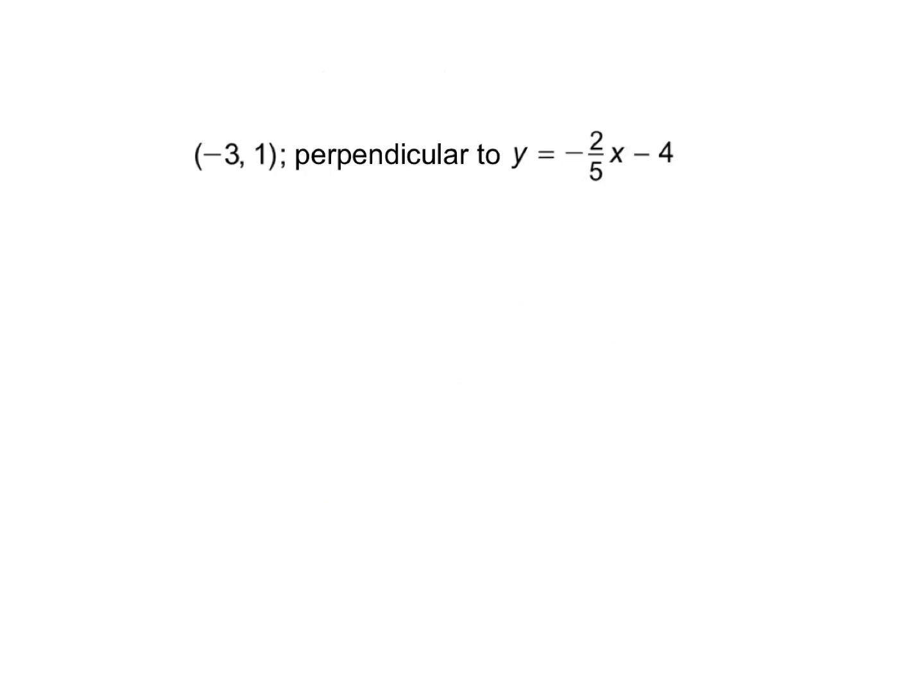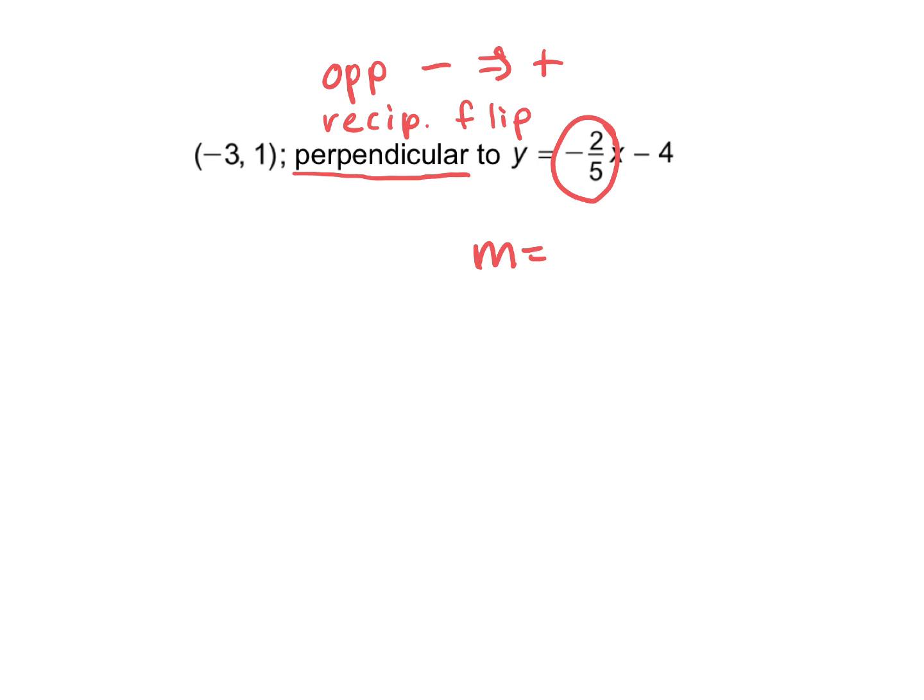Alright, our last example. Again, it says it's perpendicular, so these need to be opposite reciprocals for the slope. So if it's negative, it's going to go to positive, and reciprocal means that we flip it. So our slope here is negative 2/5. So our new slope is going to be positive 5/2, because we change the sign and flip it. And then our point here, this is our x1 and our y1. Again, I'm going to write our point slope formula for you guys.